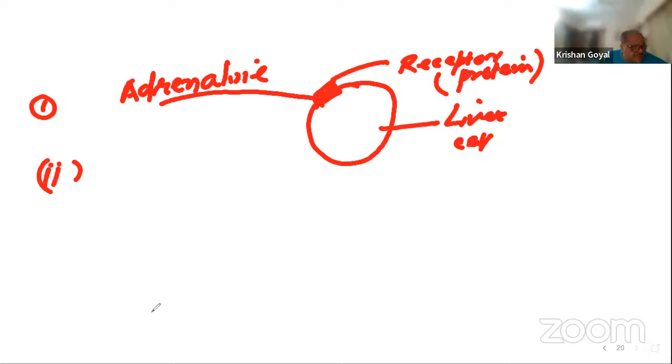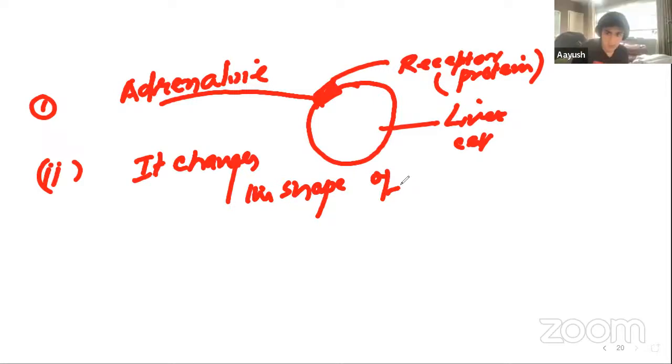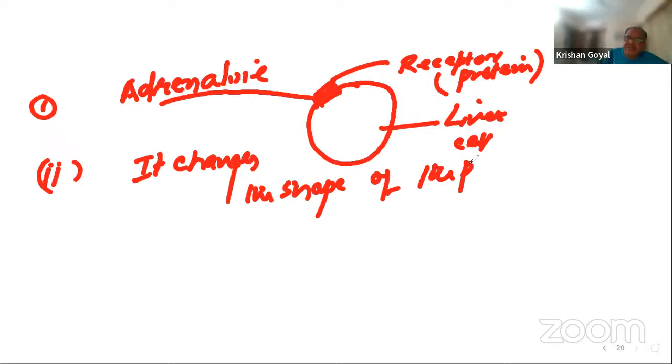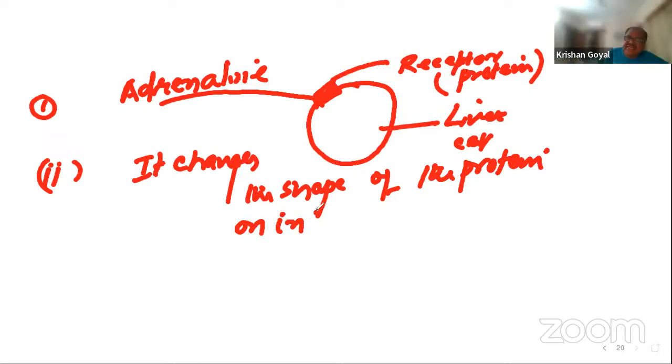When it binds, it changes the shape of the protein on the inside of the membrane.